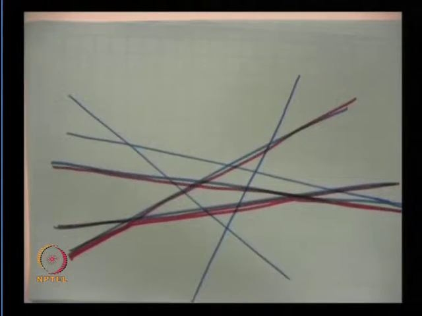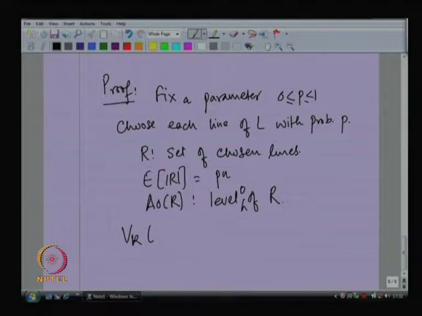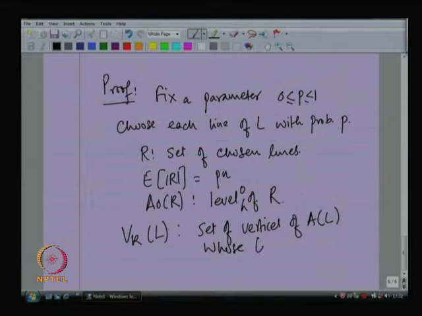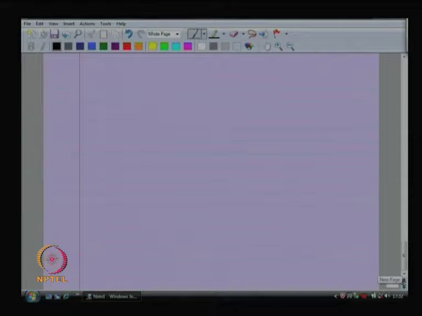Let V K L be the set of vertices of A L whose level is K. Okay. All right.